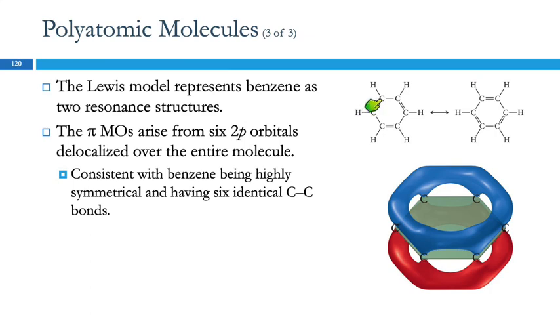That second bond here, here, and here are not localized between 2 atoms. They're actually spread out over the entire molecule. And so it uses a molecular orbital. All of these carbons are identical, and benzene is symmetrical. Any questions?